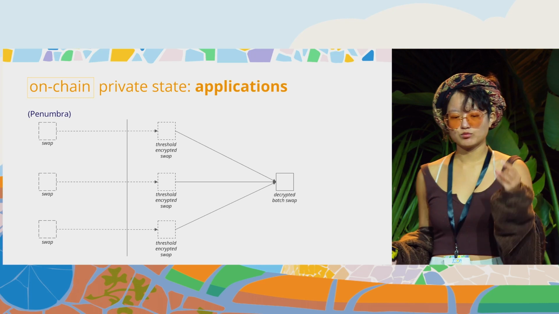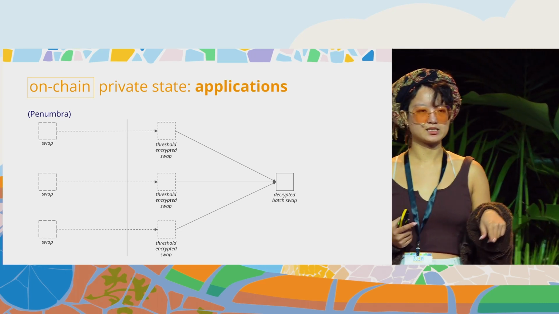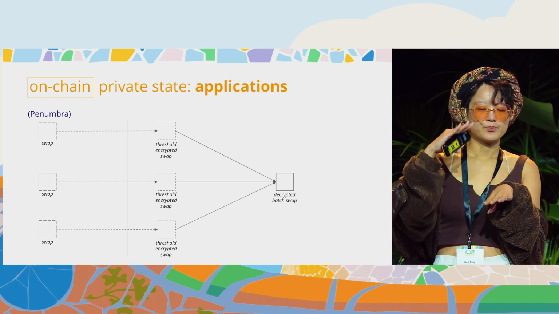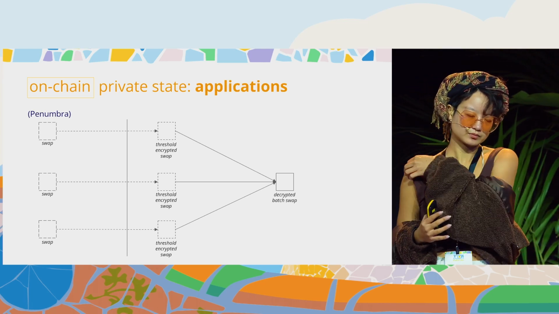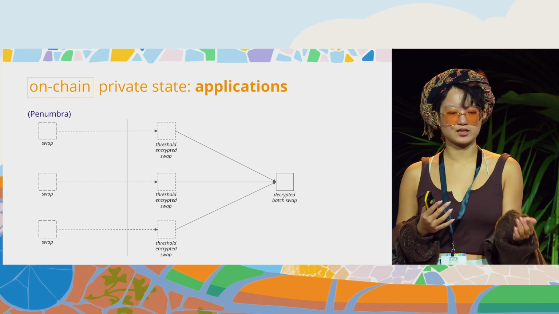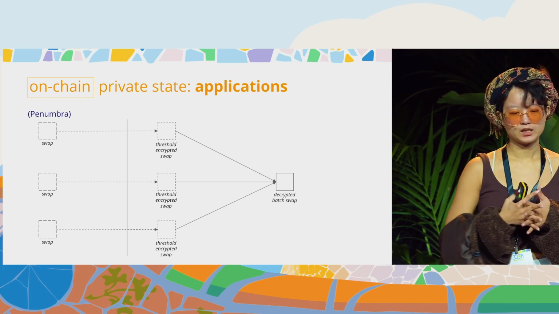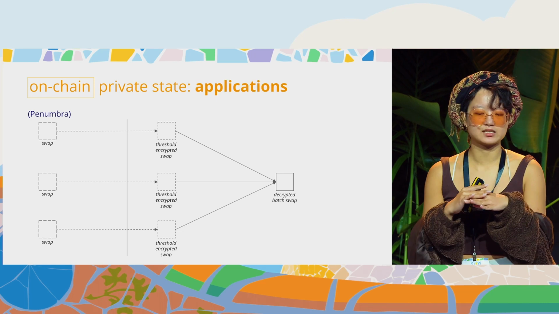Then what the protocol does on-chain is homomorphically sum up these encrypted swaps, and then threshold decrypt the aggregate swap. It is this aggregate swap that is executed against some global liquidity pool. So the point here is that each individual swap is concealed inside this batch.